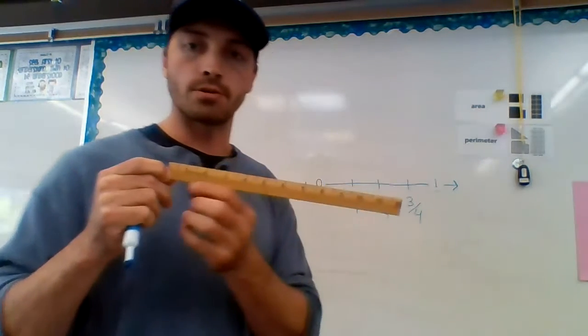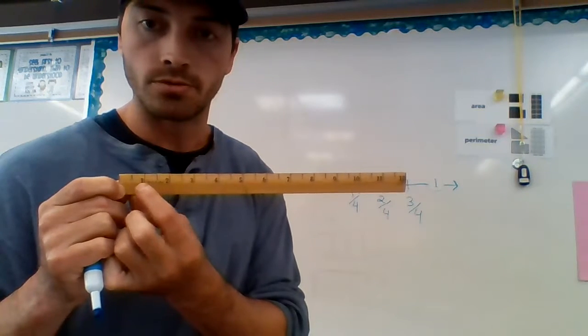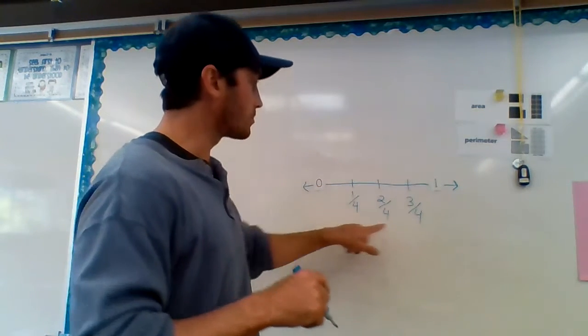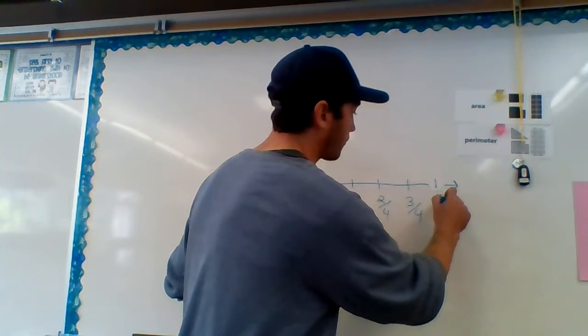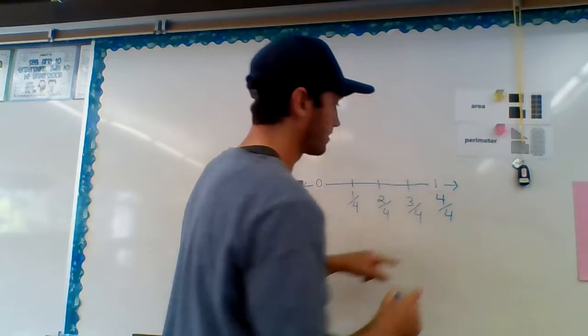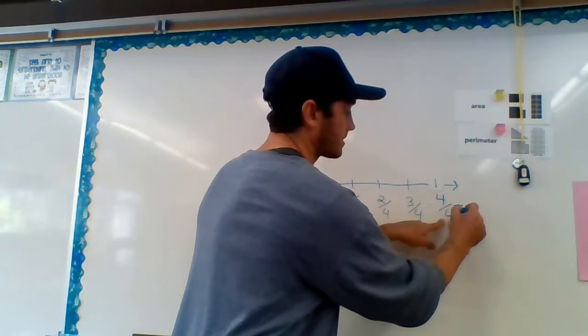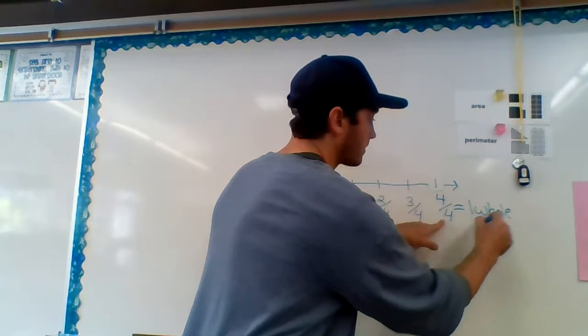So this one, we would either say it's at the 1 or at the 2. Okay? So when we get to this, 1 is the same thing as 4 parts out of 4, because 4 parts out of 4 means it is equal to 1 whole. Alright?